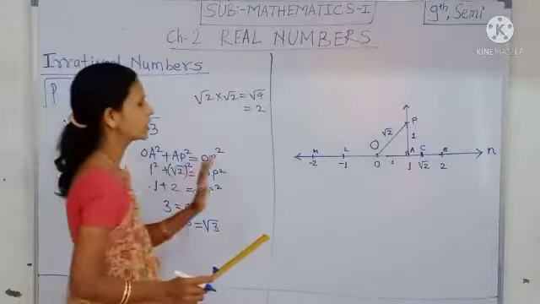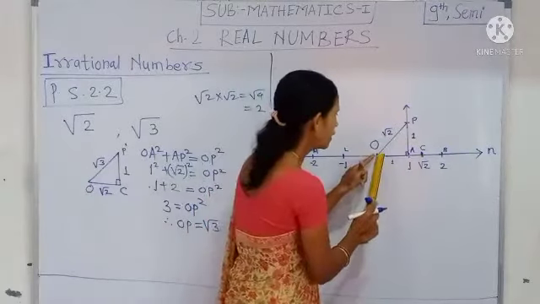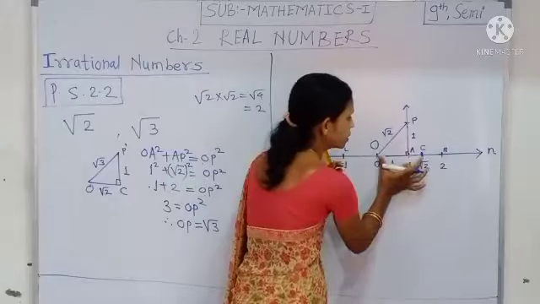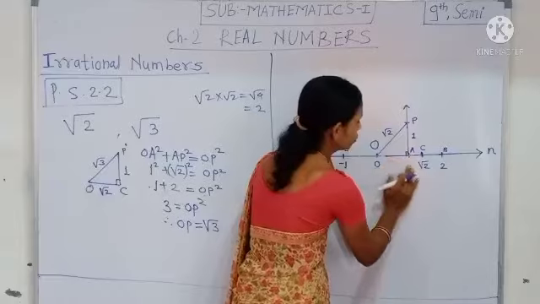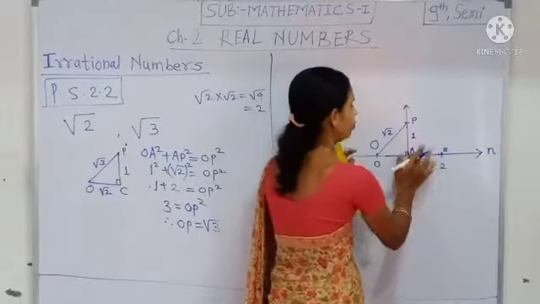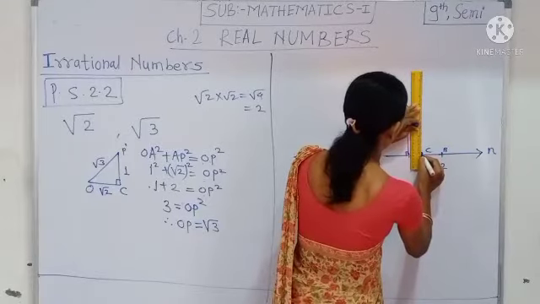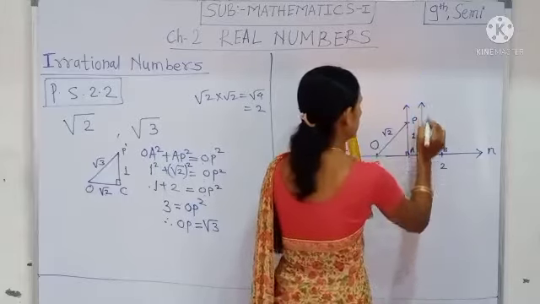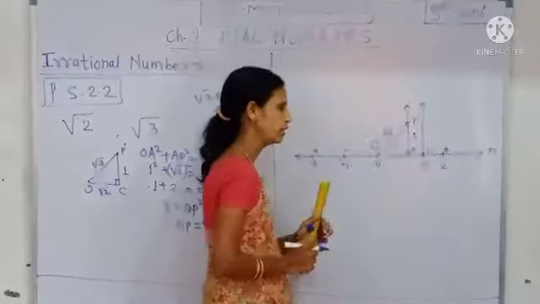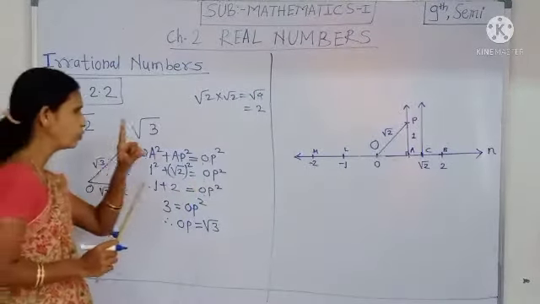Then see here, the same figure or diagram or concept is used here. That is, already OC, this distance, is root 2. Then we have to draw the perpendicular line, which is perpendicular to the line N passing through point C. Then we take the distance P dash C, that is 1 unit.